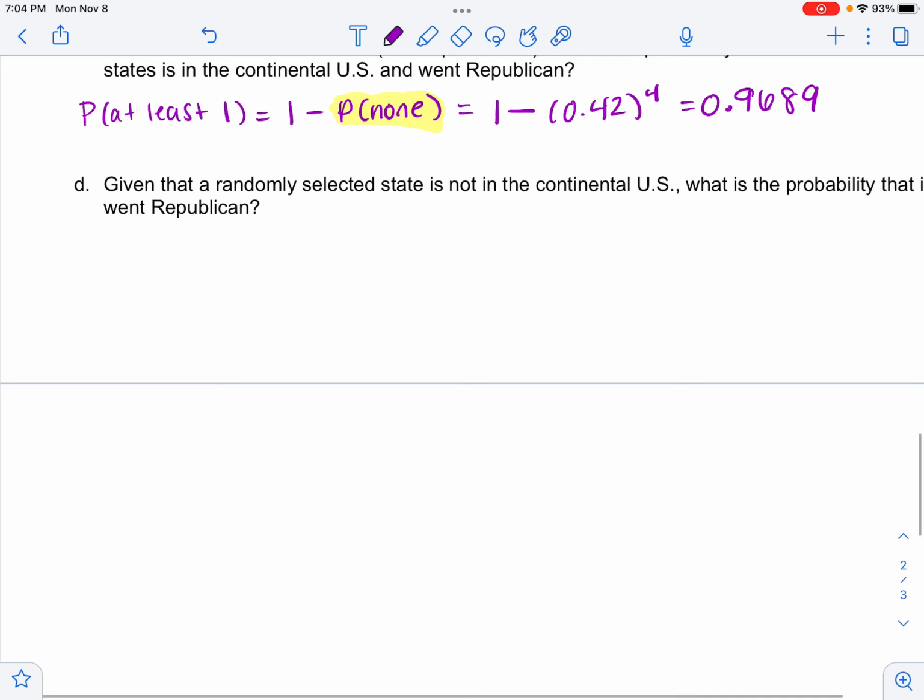All right, part D. Given that a randomly selected state is not in the continental US, what is the probability that they went Republican?